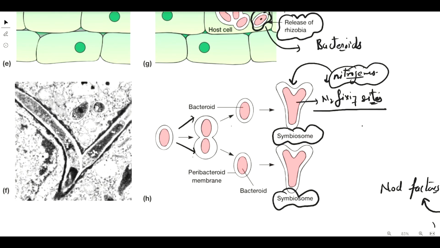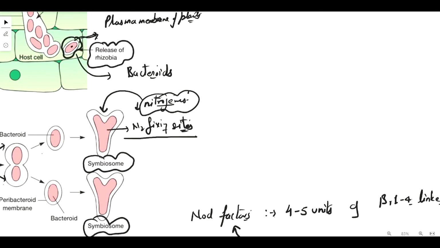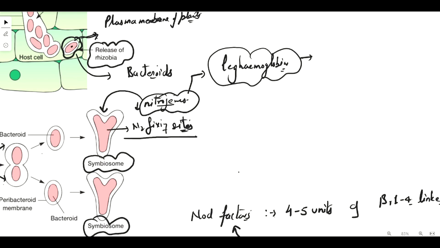Other than this, nitrogenase is also protected by the leghemoglobin molecule. How? Because leghemoglobin binds to the oxygen and makes the oxygen unavailable for the nitrogenase, so that it cannot get oxidized further.